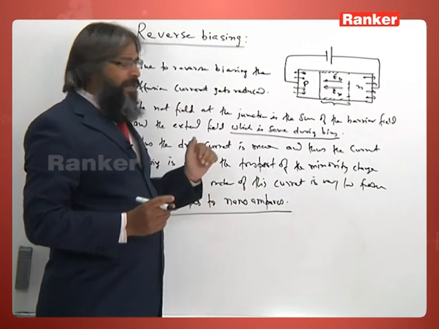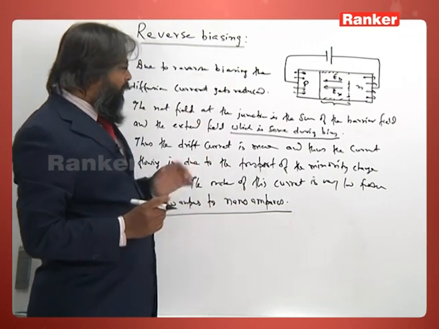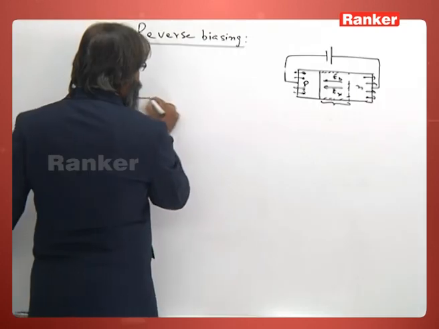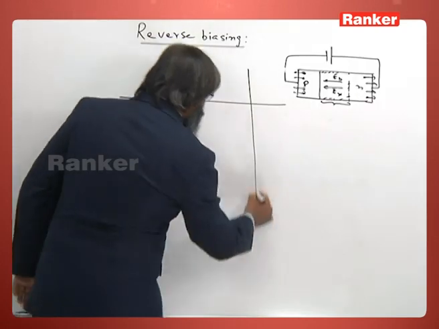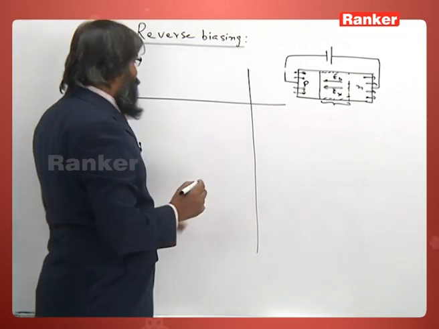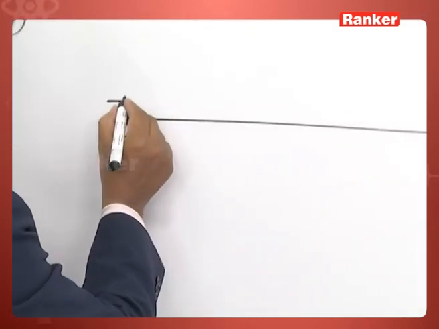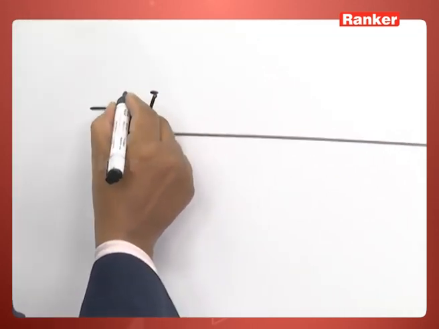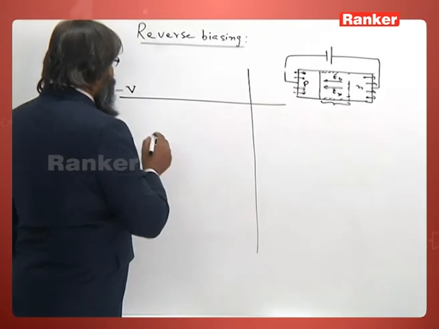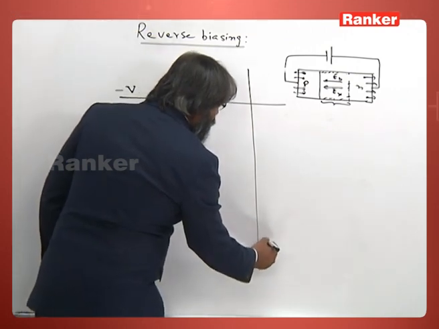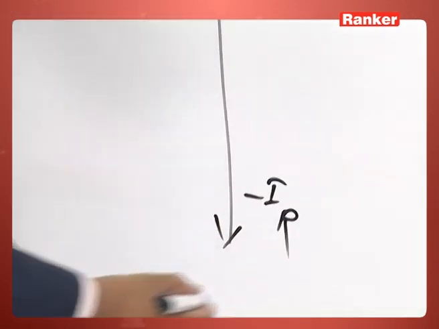Now let us draw the graph. Please take down this first. So now let us plot the graph. This graph for reverse bias is plotted along this. This is minus V, measured in volts, and here this is the reverse current IR.